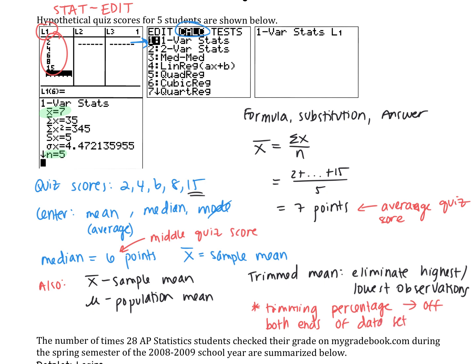So if I say calculate a 10% trimmed mean, you're eliminating the lowest 10% and the highest 10%. So really it's 20% of the data in total. So if we took our 5 and cut off the lowest and the highest, that is a 1/5. That is a 20% trimmed mean, 20% off of each end.